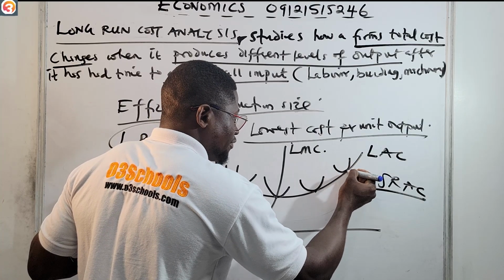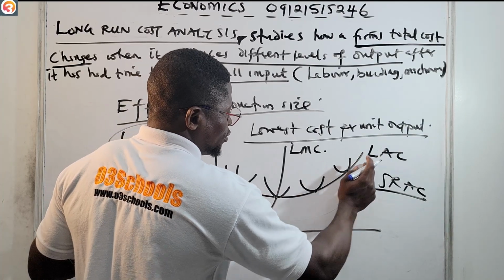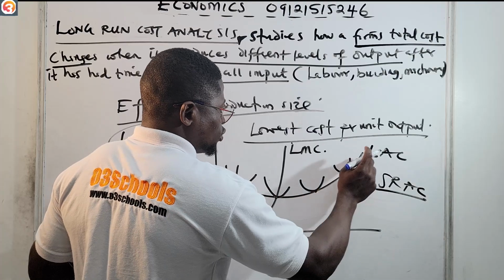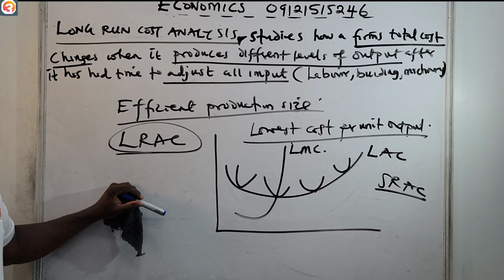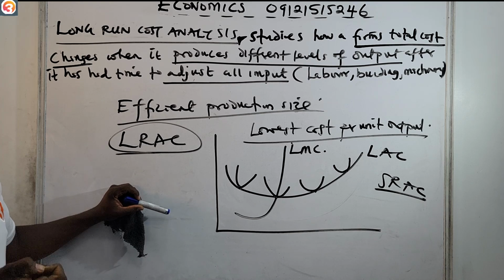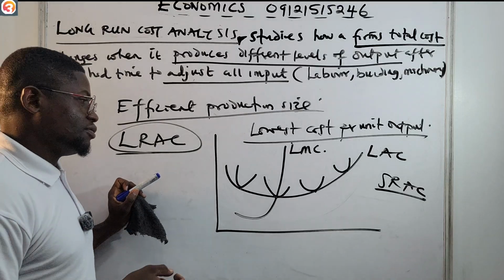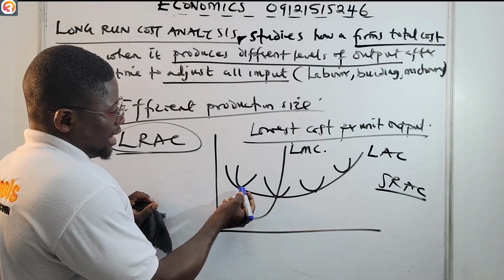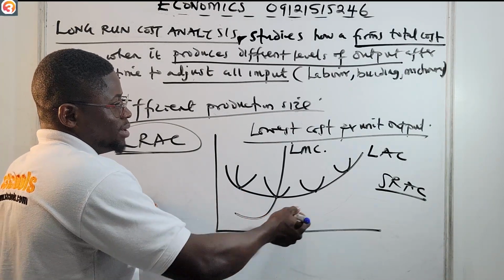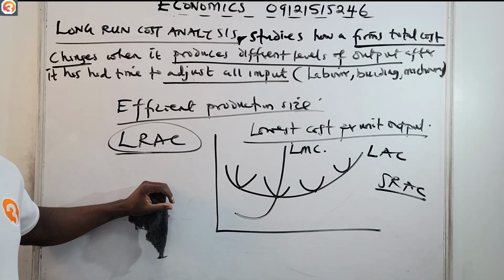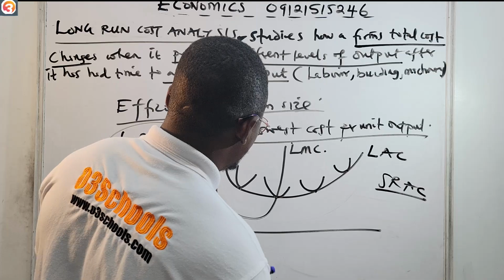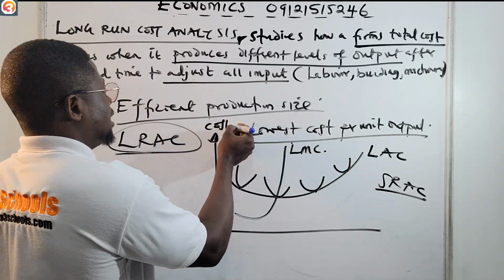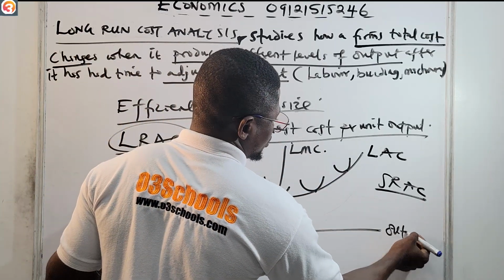We plot many short run average cost curves and take the points to plot the long run average cost curve. As you can see, it shows the lowest possible cost that can be used to produce each output level. We draw it by enveloping, or touching, the minimum points of many short run average cost curves. Remember, here is our cost axis, here's our output.